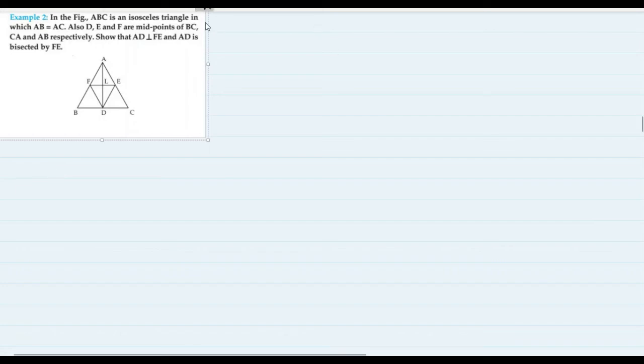Okay, let's write the given. Triangle ABC is isosceles, that is AB is equal to AC.